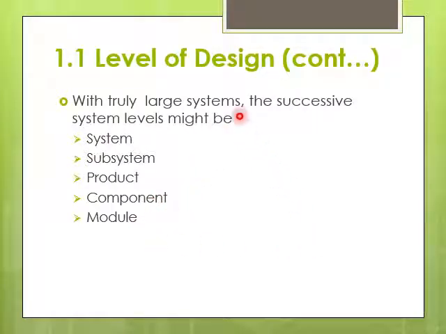You have one system, perhaps 2 or 3 subsystems. Then you have products, maybe 5 or 10 products. Then you have several 10s, 20 components. Then you have a few modules. So this is how a large system is divided from system, subsystem, product, component, and up till the module.